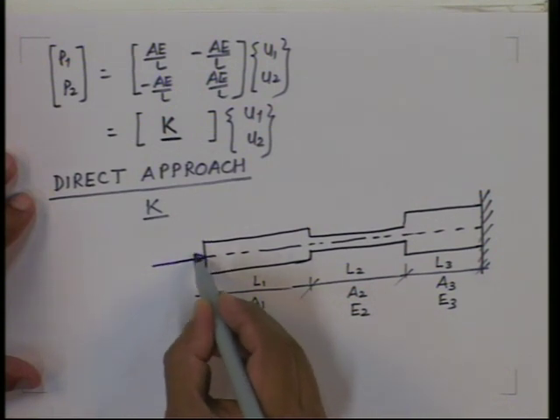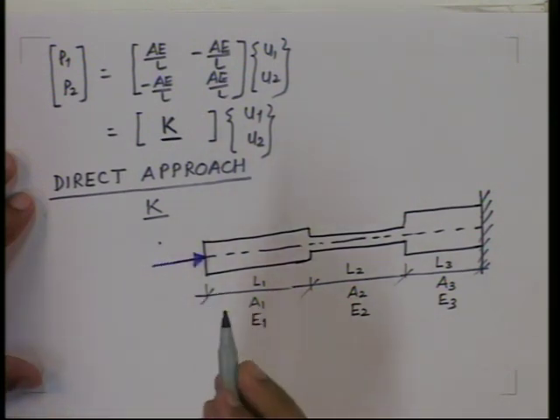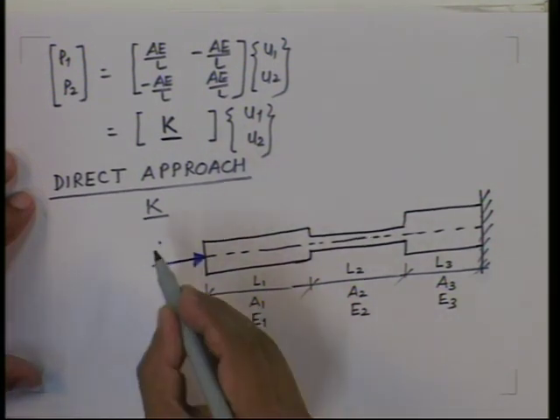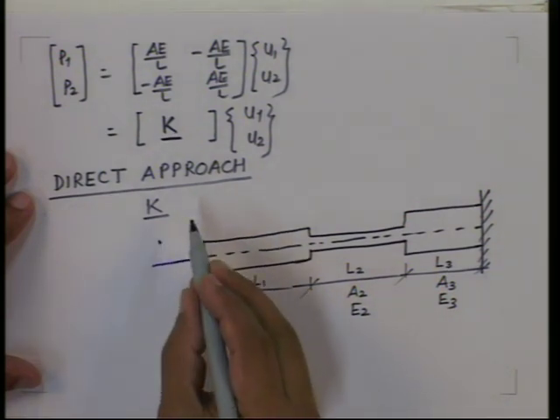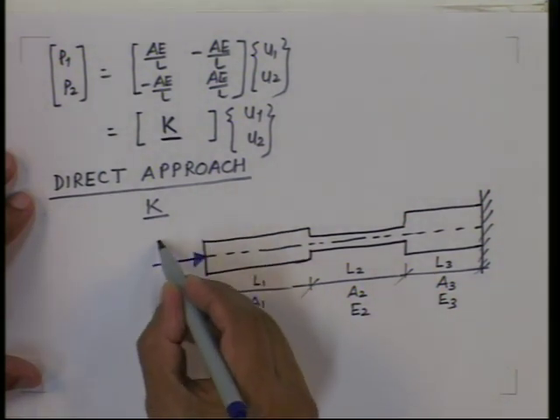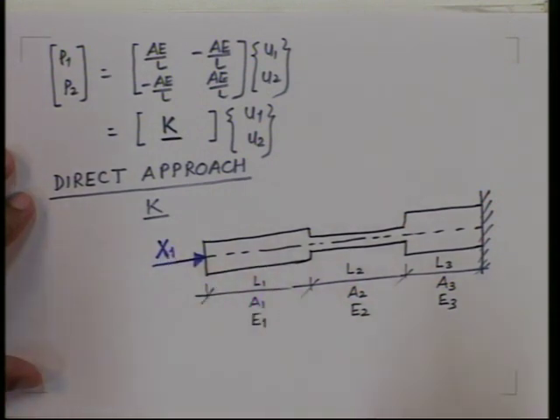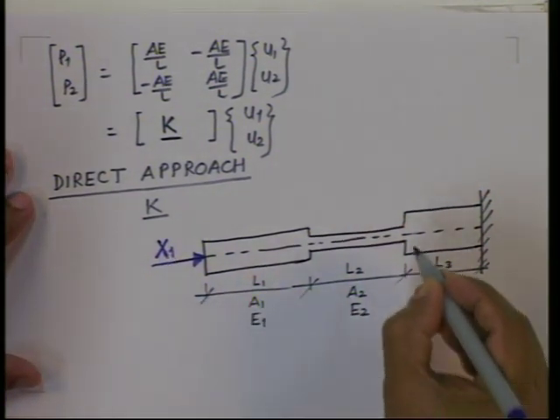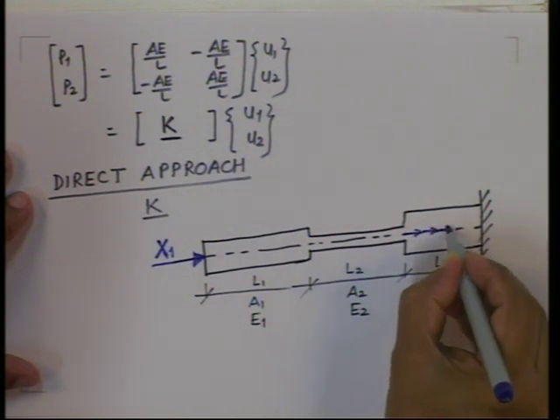Let this be at this there is a load x1, then there is some distributed load here along this.